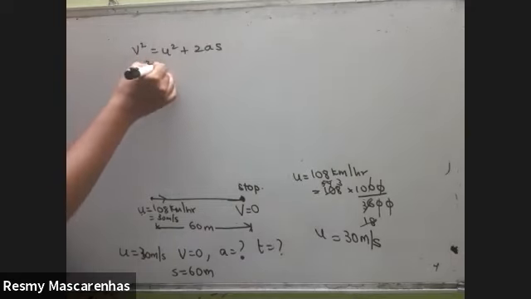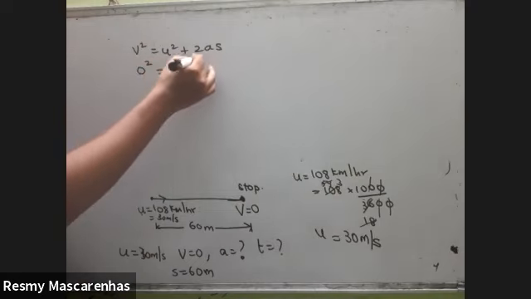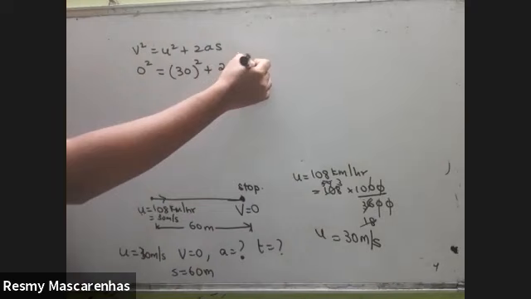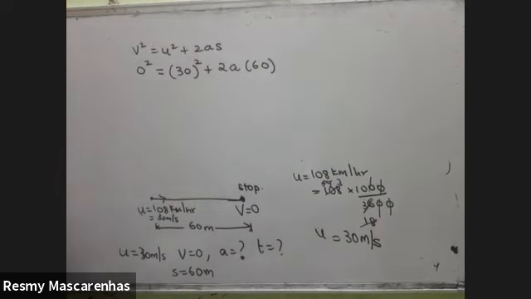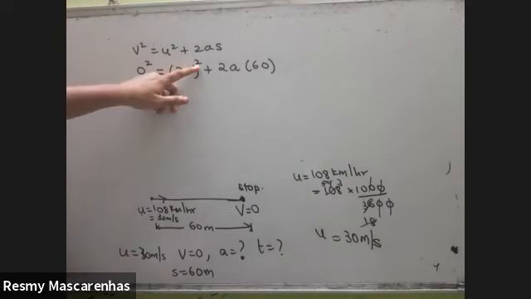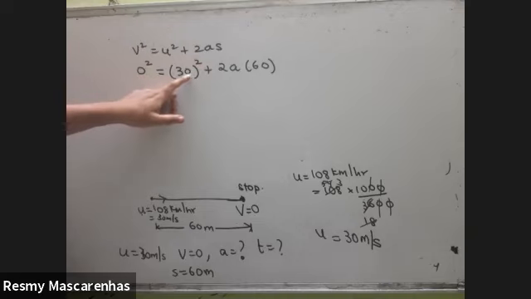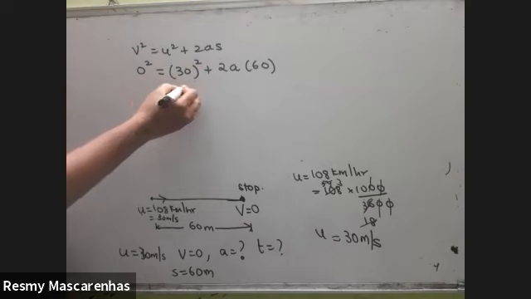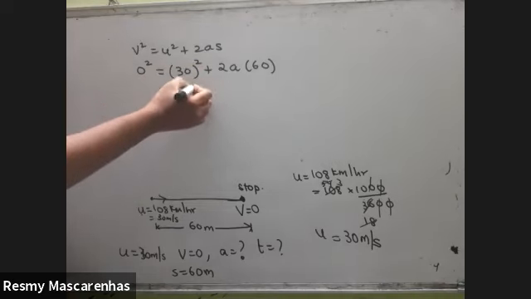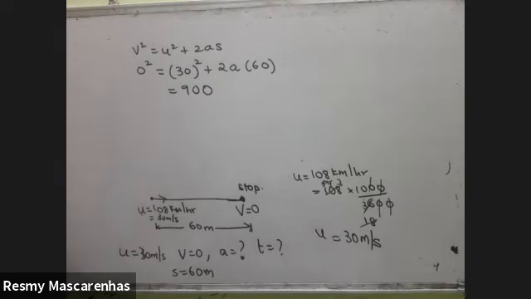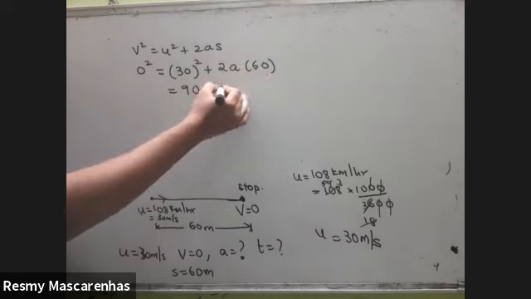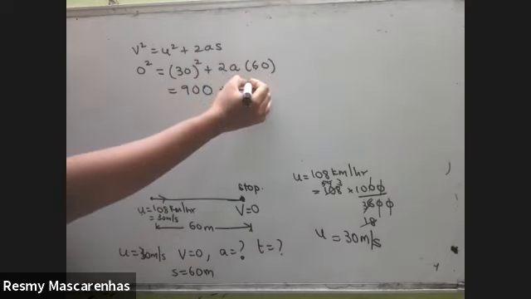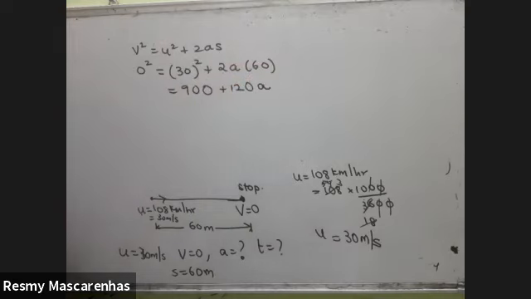So this is 0 equals 30 square plus 2 times A times 60. You don't have to sit and calculate so much. Whenever there is a 0, it's very simple. 3 square will always be 9, and 0 square means always 2 times. That will be 900. And 2 into 6 will always give me 12, and just add a 0 in front. This will be 120.